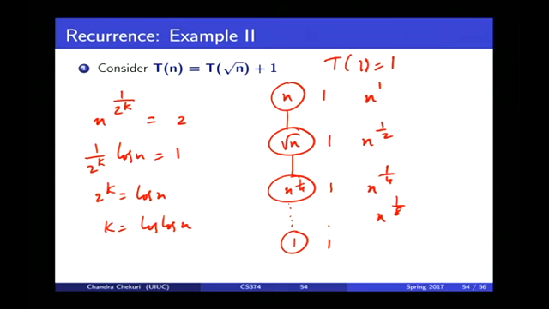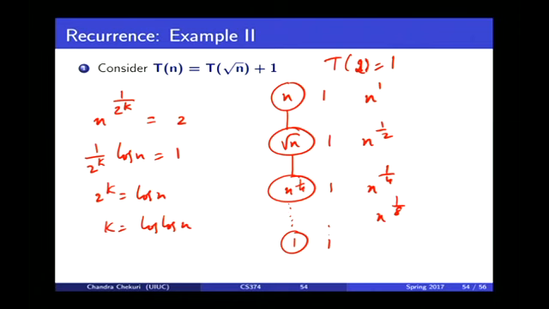So this recurrence doesn't make sense for n equal to 1. Why is that? You will get T of 1 is T of 1 plus 1, right? That's not making the problem smaller. So this is not defined for n equal to 1. The base case should be at 2.